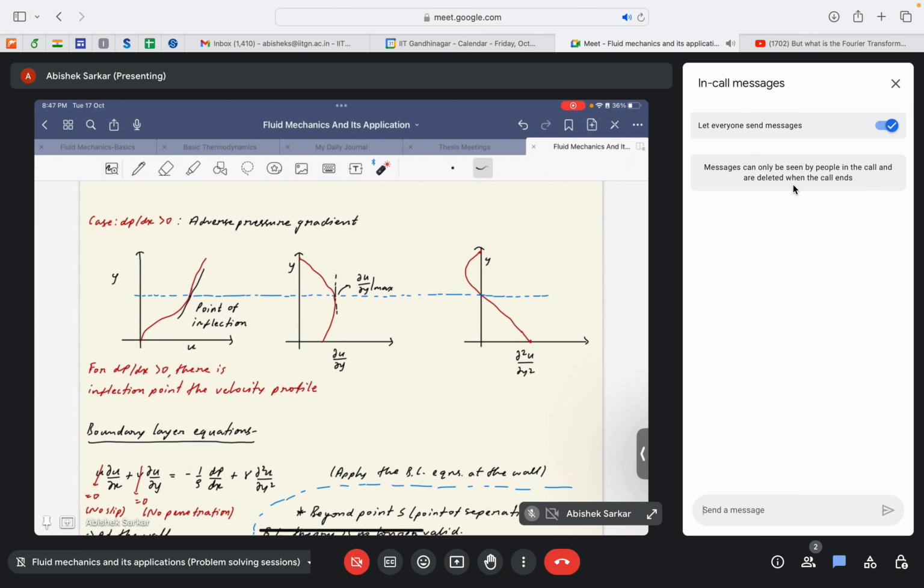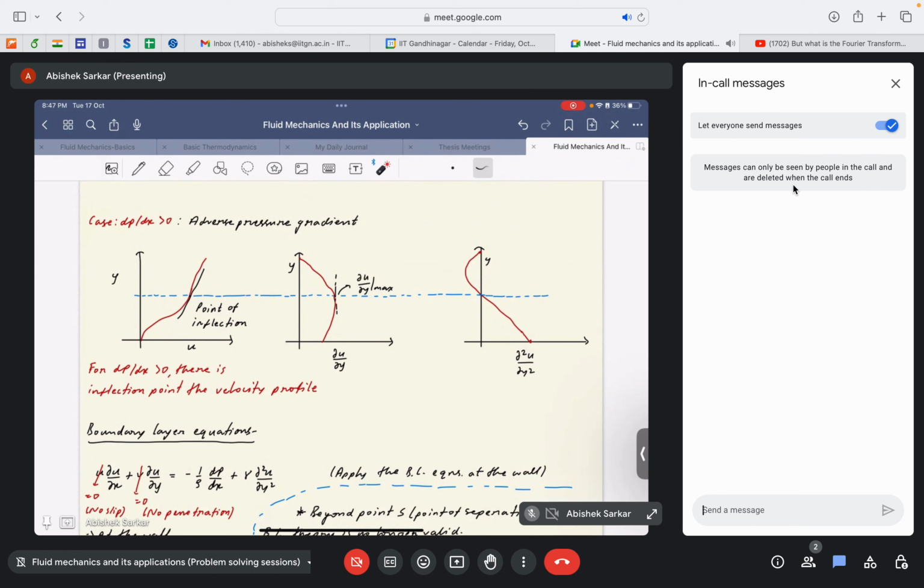See, let us just try to understand in an intuitive manner, just try to visualize it yourself. Say at a point in the flow field, specifically near the boundary layer, the velocity profile approaches its maximum.